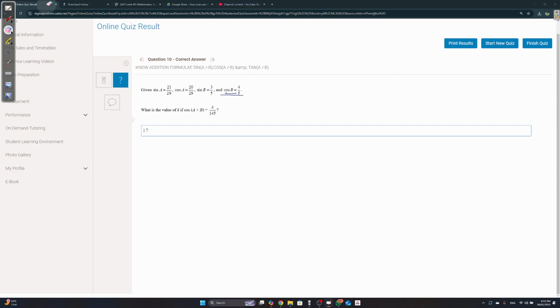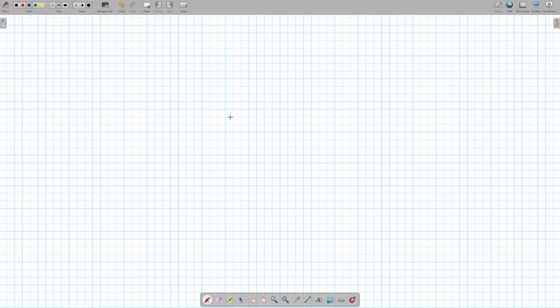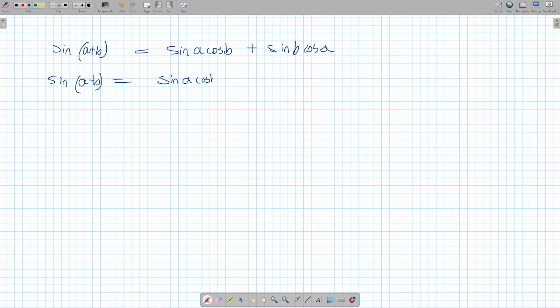Now we have our sum and difference formulas. Very, very easy, but it comes down to memorizing. To explain this, I'm not going to bother. If you want to read the explanation and you're curious, please open the textbook. Sine a plus b is equal to sine a cosine b plus sine b cosine a. Sine a minus b is equal to sine a cosine b minus sine b cosine a.